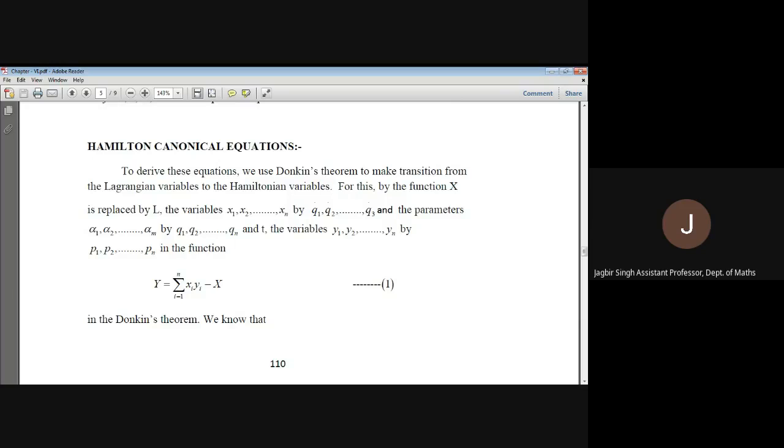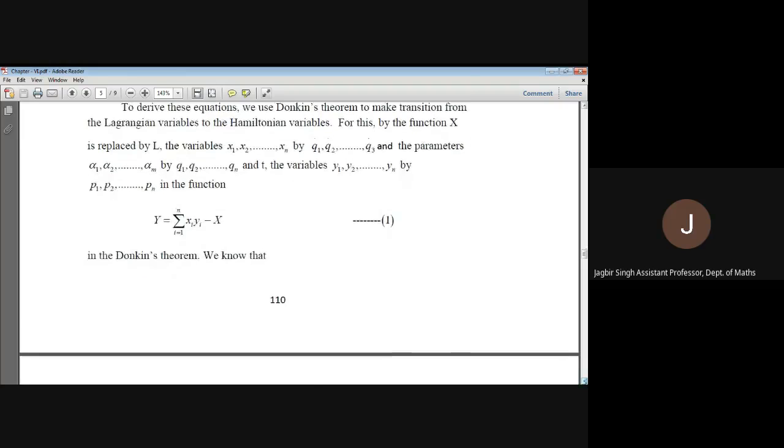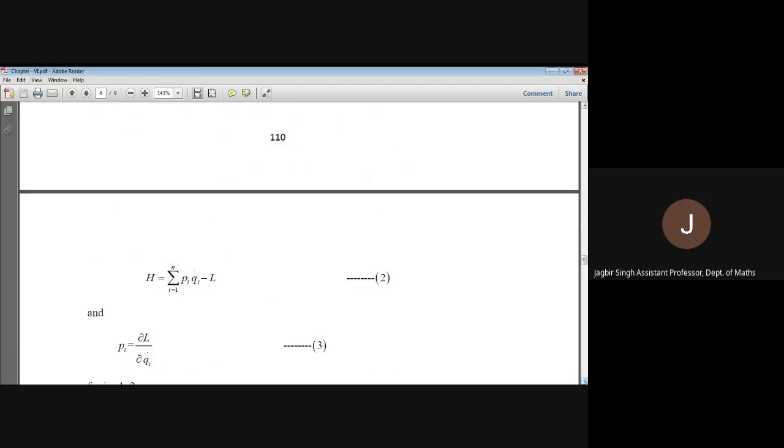Now instead of xi, we have qi dots. Instead of yi, we have pi. Instead of x, we have L. And instead of y, we have h. So what we will have, h is equal to summation i from 1 to n pi qi dot minus L. And what is pi? It is curly L by curly qi dot.